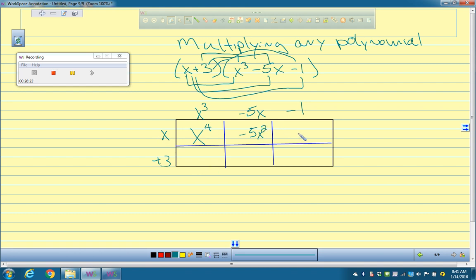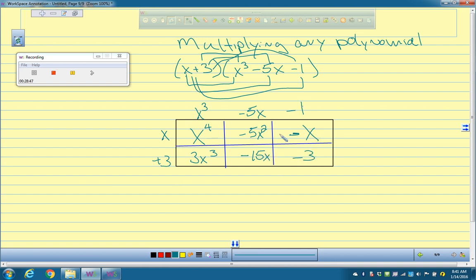What goes in this box? Negative 1x. What goes in this box? 3x cubed. What goes in this box? Negative 15x. What goes in this box?